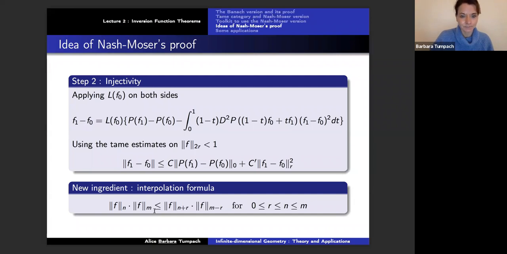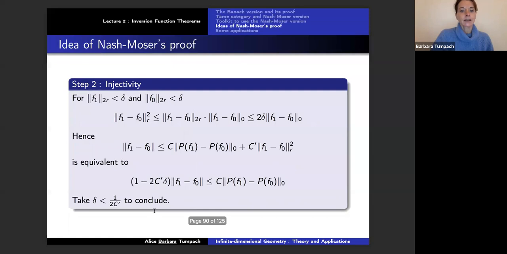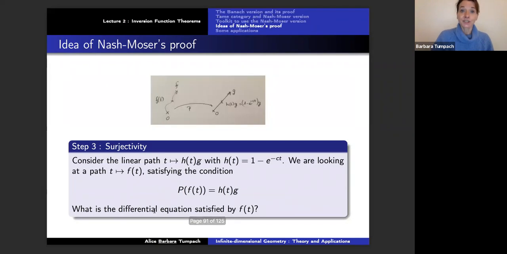This is not difficult. This interpolation formula enters the play for the injectivity, and otherwise it's just triangular inequalities. Now surjectivity, that's the main point. So here, that's where the Cauchy theorem enters the play.